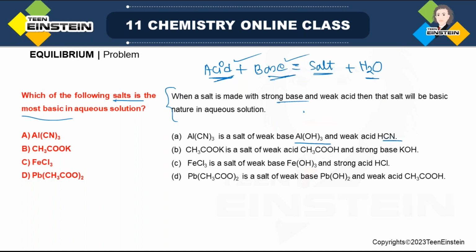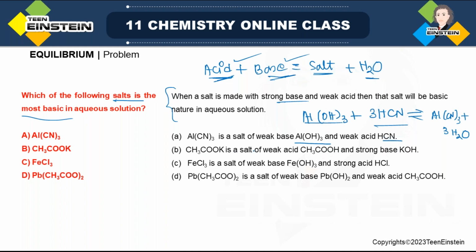If you mix Al(OH)3 with 3 molecules of HCl, you will get AlCl3, and there will be a total of 3 H2O molecules. In the reverse reaction, the base Al(OH)3 is weak and the acid is also weak. In none of these species is there anything strong, so this is not correct.